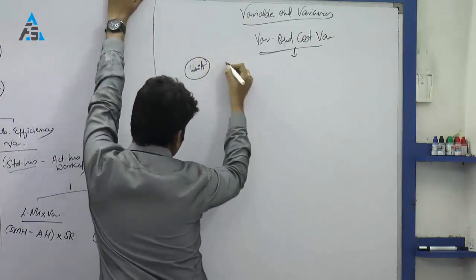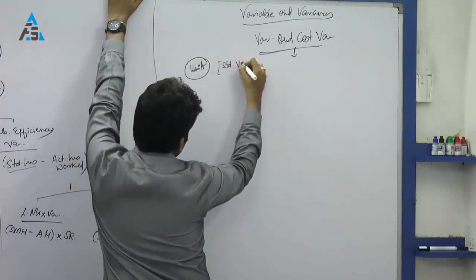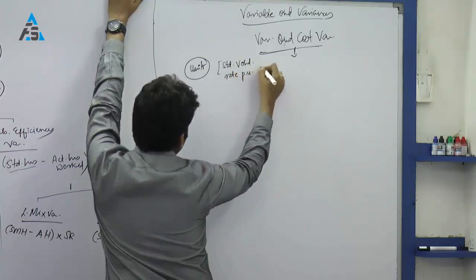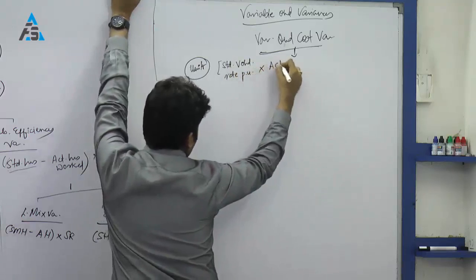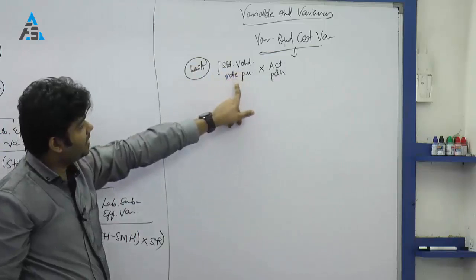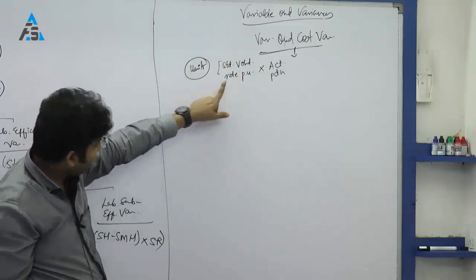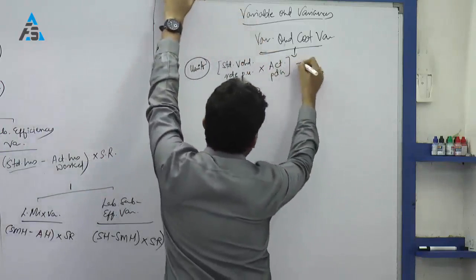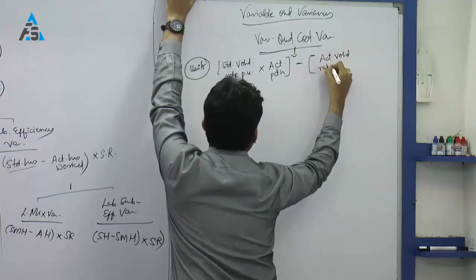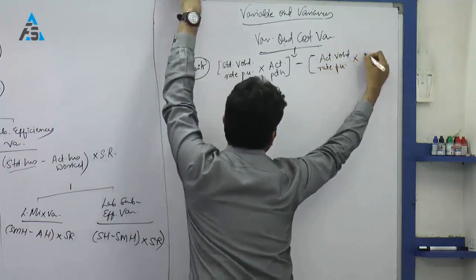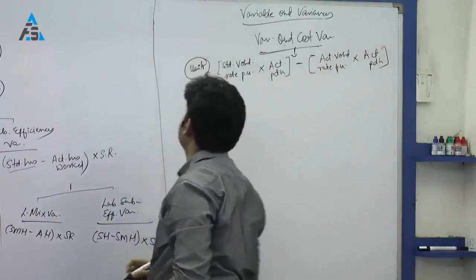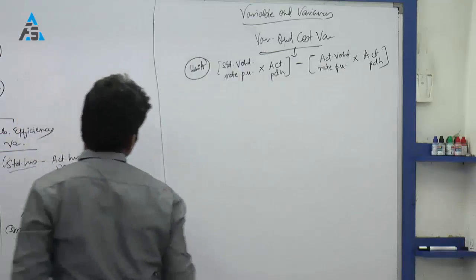So it is standard variable overhead rate per unit into actual production minus actual variable overhead rate per unit into actual production. This is your variable overhead cost variance if written in terms of units.